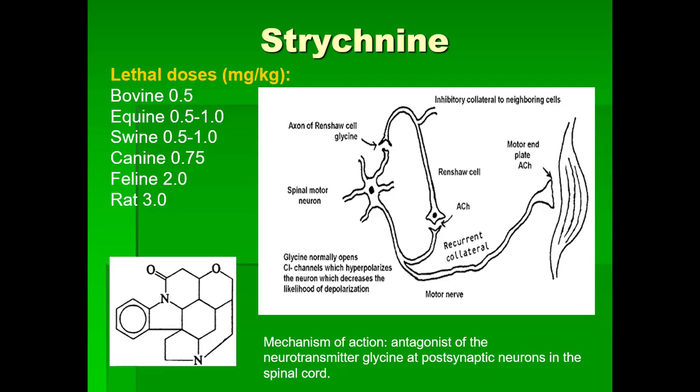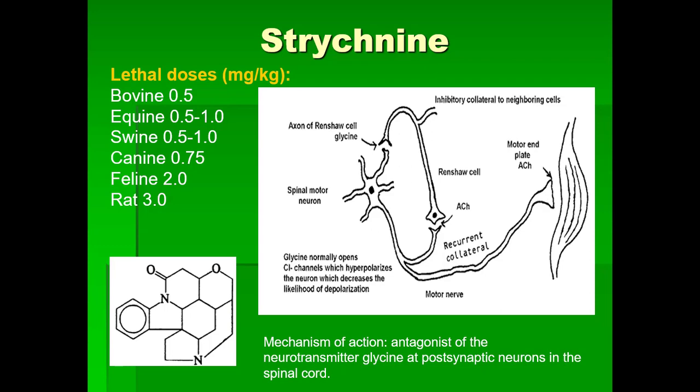As you probably all know, glycine is an inhibitory neurotransmitter which hyperpolarizes the neurons, and that decreases the likelihood of depolarization or the number of action potentials going through the spinal cord. The purpose of those Renshaw cells or inhibitory neurons is actually to prevent an excess number of action potentials in the spinal motor neurons.